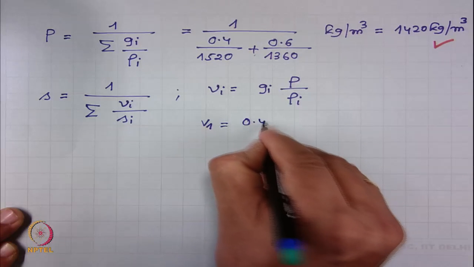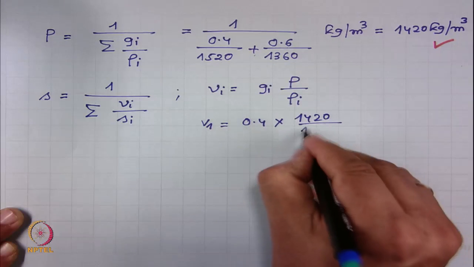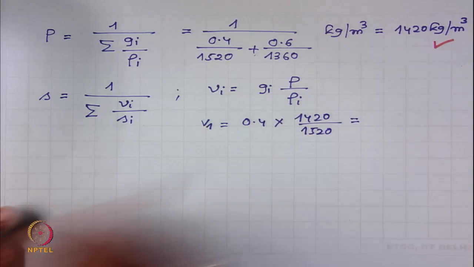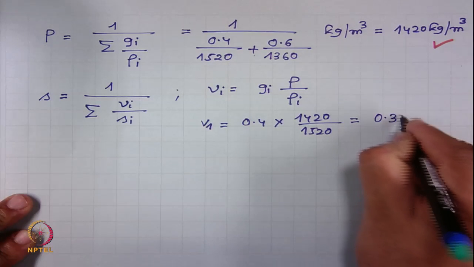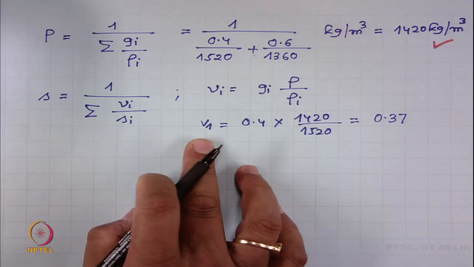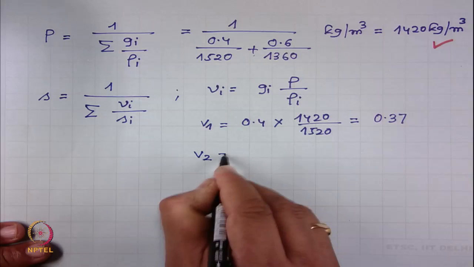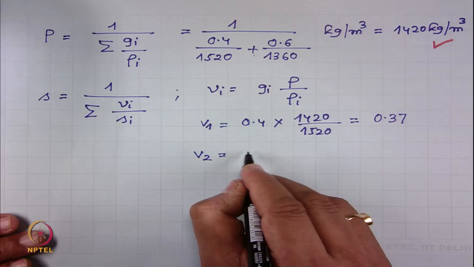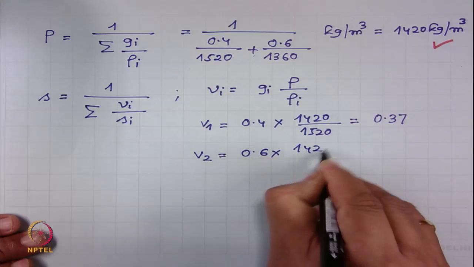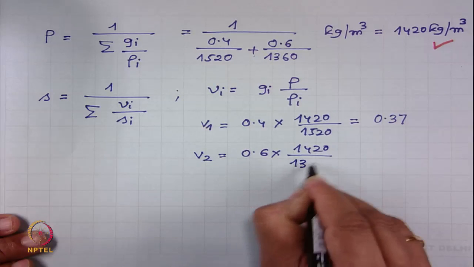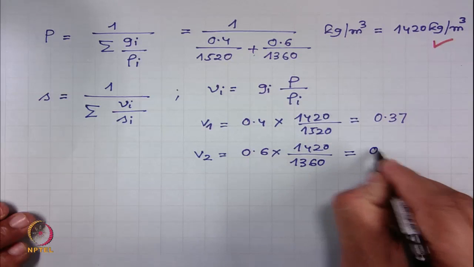G1 is 0.4 cotton, this is 1420 and cotton fiber individual density is 1520. So, what is the volume fraction? Volume fraction is 0.37. This is the volume V1, right. Now, V2 is equal to 0.6 into 1420 divided by 1360. So, this will be coming roughly equal to 0.63.